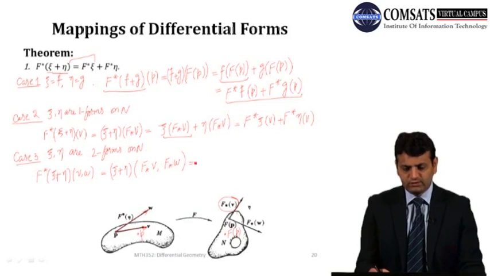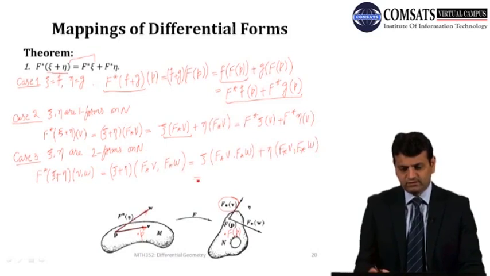So this is basically equal to xi of F lower star of v, F lower star of w plus eta of F lower star of v, F lower star of w.